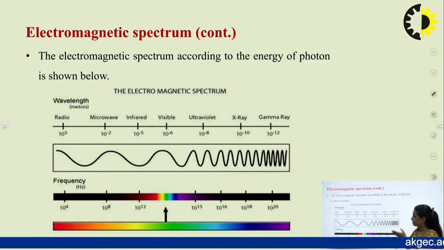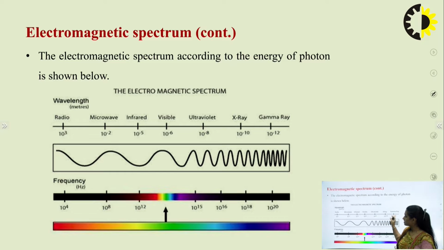So if we start from radio, then microwaves, then infrared, then visible, then ultraviolet, then X-ray, and then gamma rays, right? So after radio waves, we can see how the wavelength is decreasing, right? And in this direction, moving from radio waves to gamma rays, our frequency is increasing, right? So increasing frequency, decreasing the time period of the waveform, we can show the same. So this is our electromagnetic spectrum.